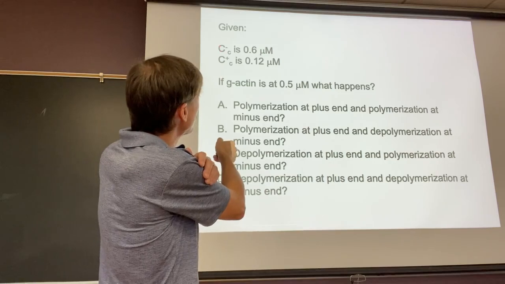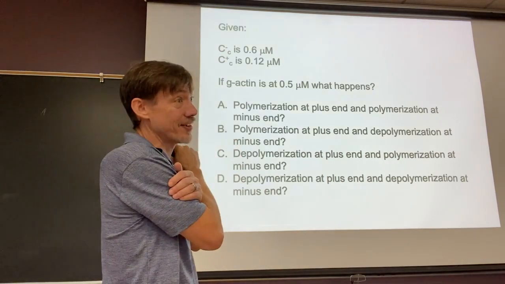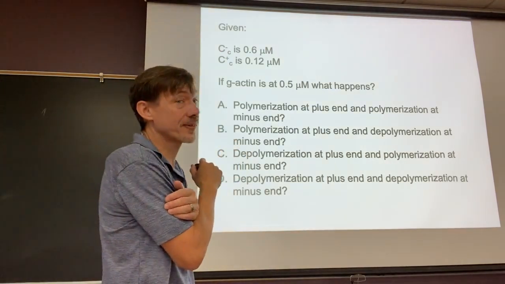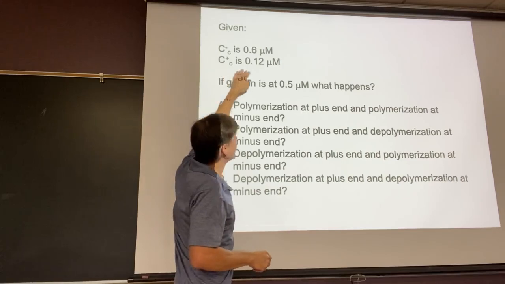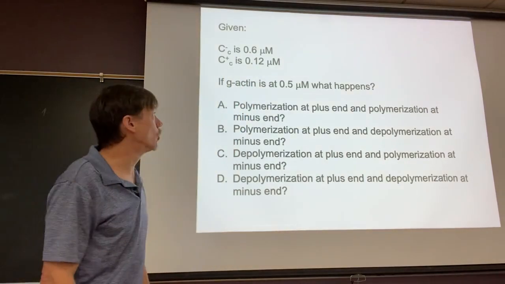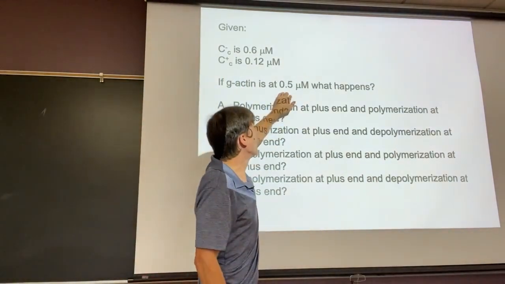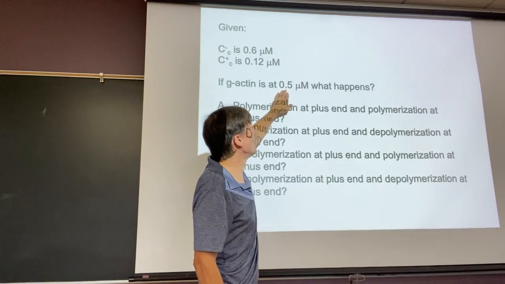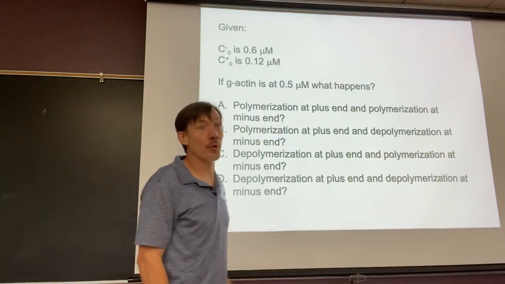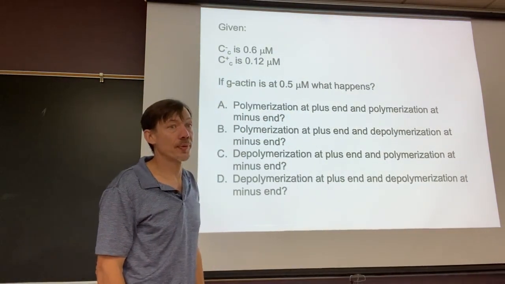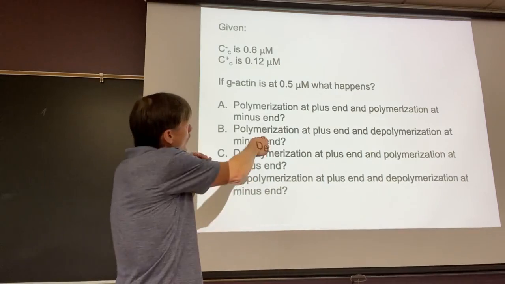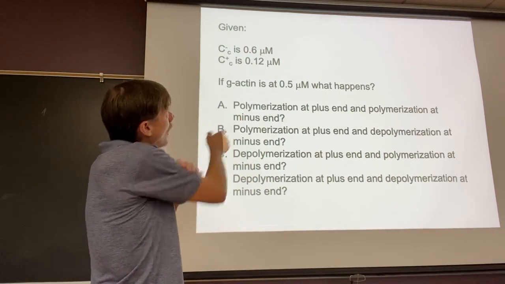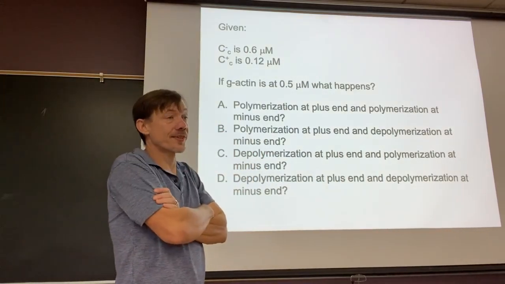Okay, so we know the critical concentration at the minus end is 0.6. At the plus end, it's 0.12. And we know that we have a solution where it's 0.5 micromolar to begin with. So is 0.5 more or less than 0.6?